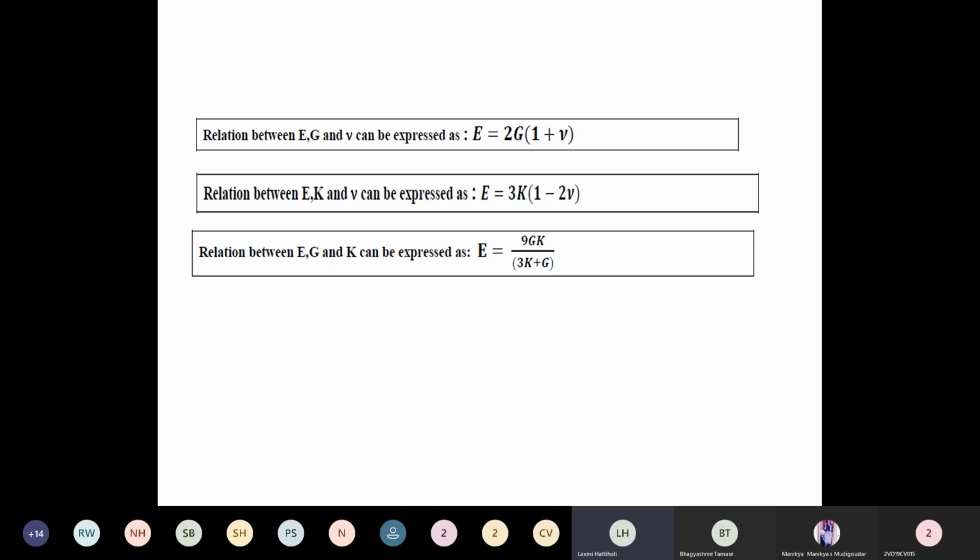Now the last equation we have derived, the relationship between E, G and K, is E equal to 9KG divided by (3K plus G). I hope all these three equations are understood by all of you. The notes have been sent to you. Go through that. If you get any doubt in mathematical operations, you can always contact me. Now, why are these three equations important?